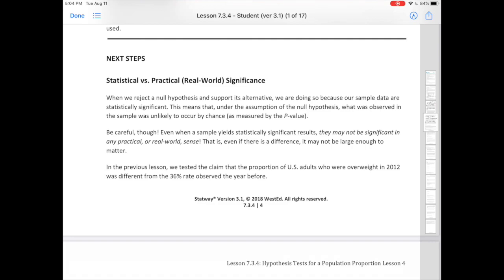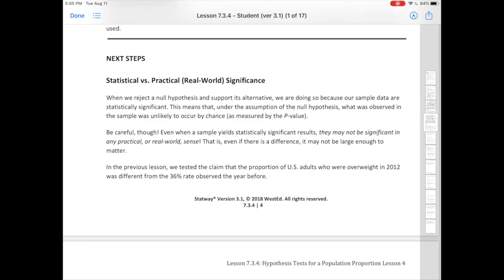I'll give you an example, right? Let's say that you got a raise at your job. Let's say they were paying you $20 an hour, and then they decided that they were going to raise you to $20.25 an hour. Yes, they did give you a raise, okay?